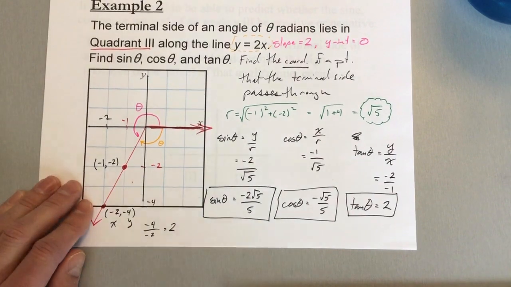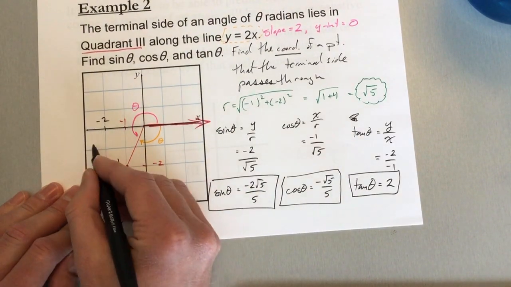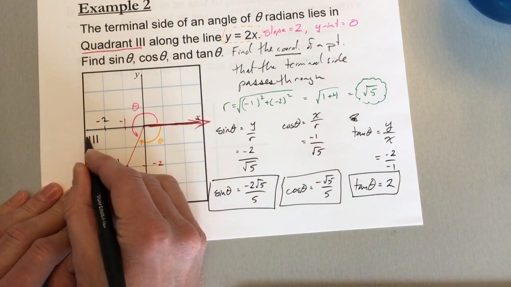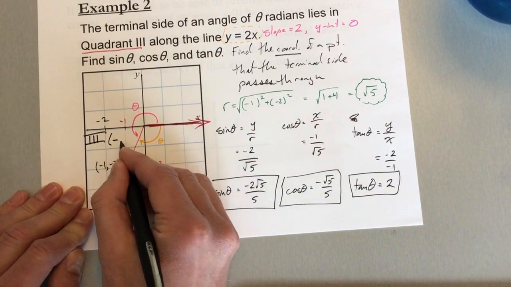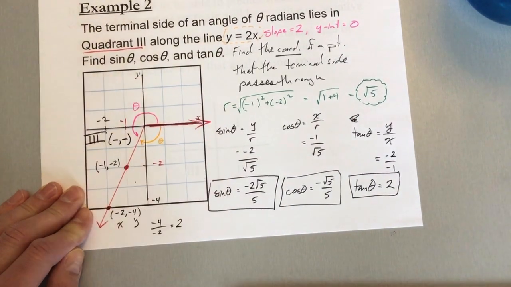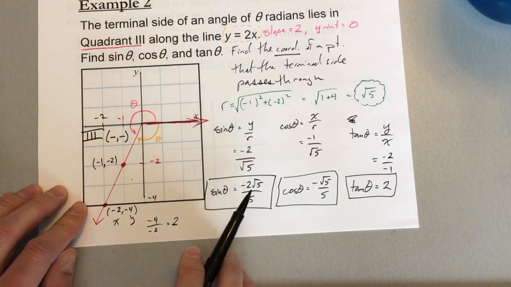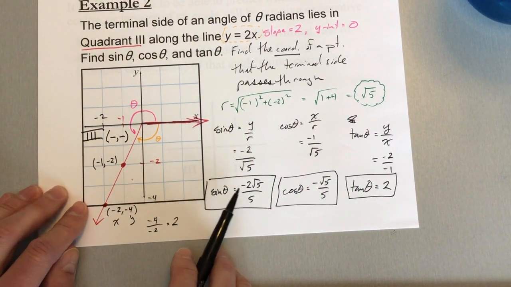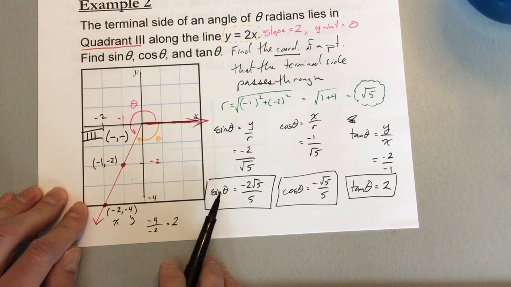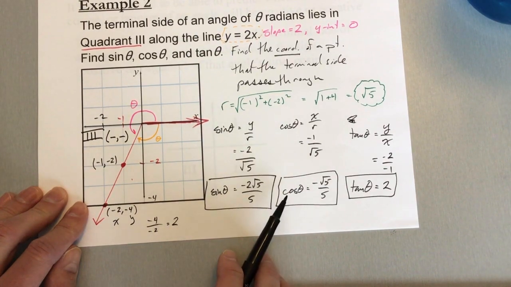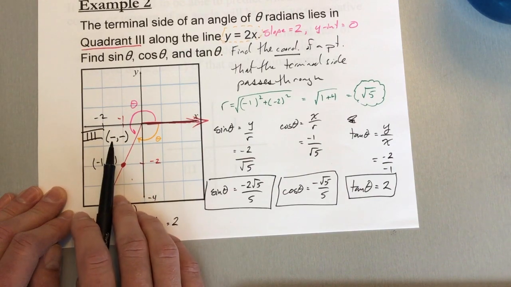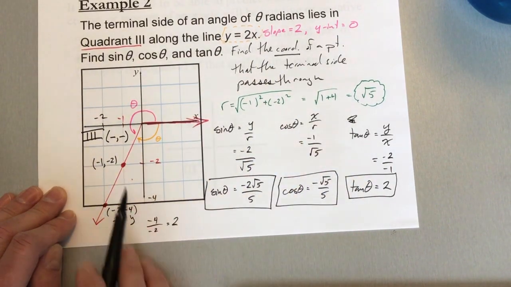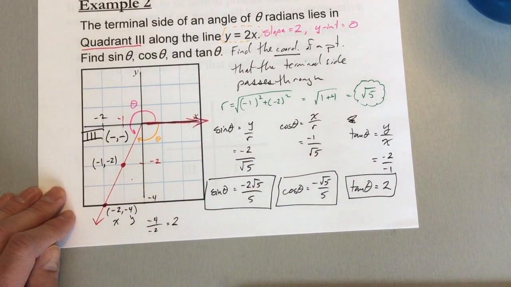I also confirm the fact that anytime a coordinate lies in quadrant 3, its x value and its y value are both negative, which makes me feel pretty good that I got a negative value for my sine ratio and a negative value for my cosine ratio. And the tangent should be positive once again because of that quotient.